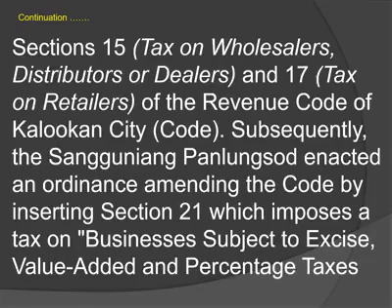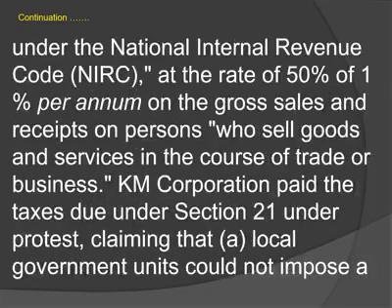Subsequently, the Sangguniang Panlungsod enacted an ordinance amending the code by inserting Section 21, which imposes a tax on businesses subject to excise tax, value-added tax and taxes under the NIRC at the rate of 50% of 1% per annum on the gross sales and receipts of persons who sell goods and services in the course of trade and business.